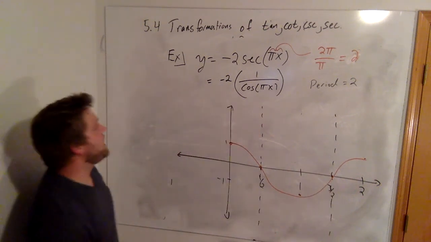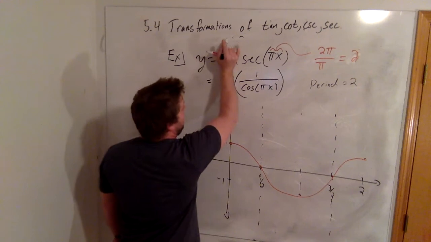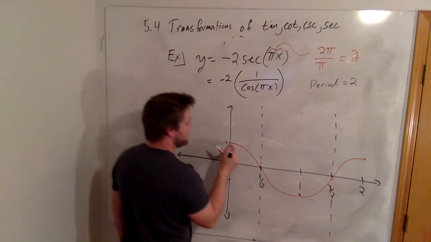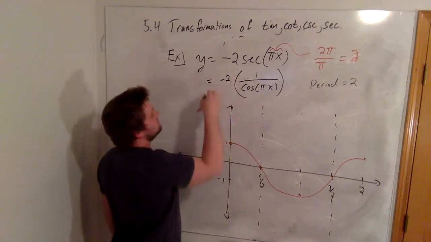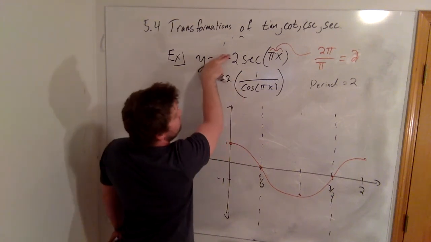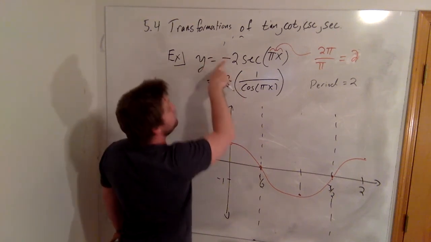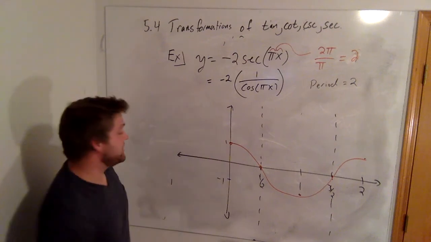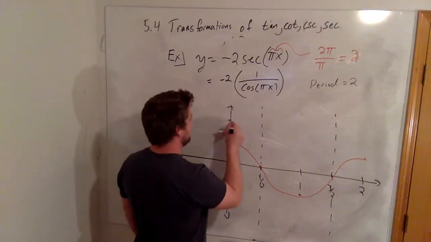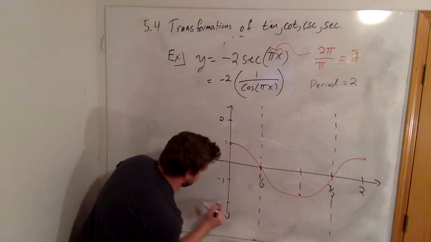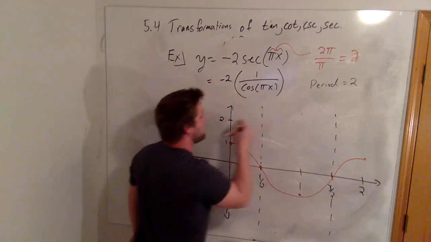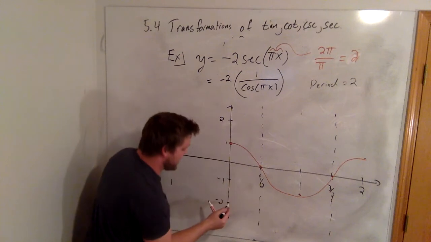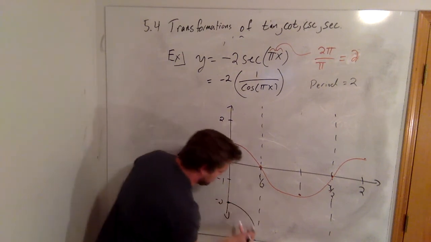Okay, so if I was graphing just secant of pi x, I would start at 1 and go up to my asymptotes. But what's happening here is I'm vertically stretching my function by a factor of 2, and I'm reflecting it over the x-axis. So if I put a 2 here and a -2 here, if the negative wasn't there, you'd start here and go up, but it's negative, so I have to start here and go down.